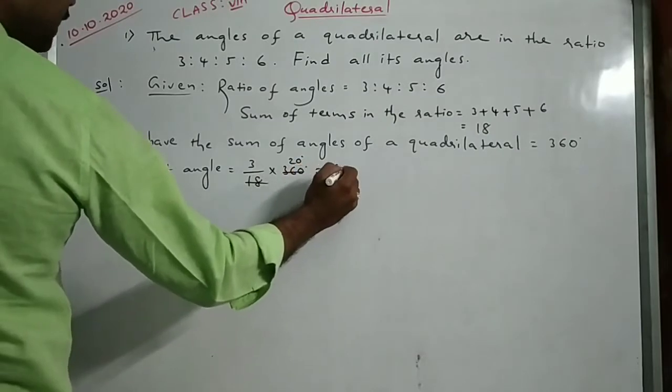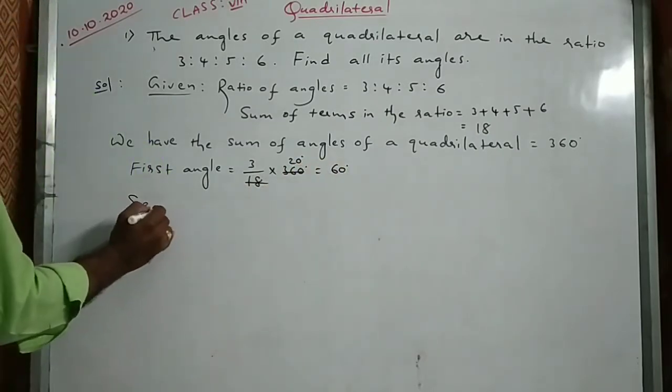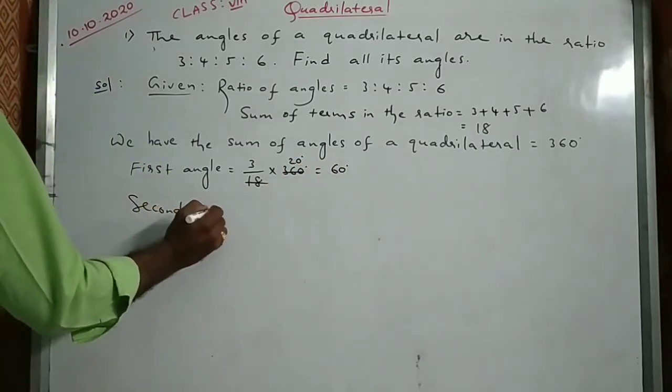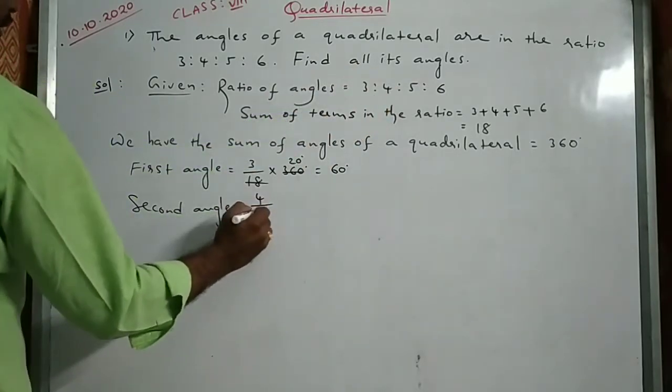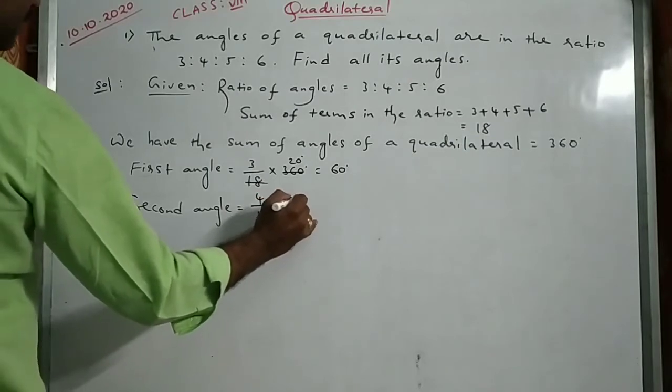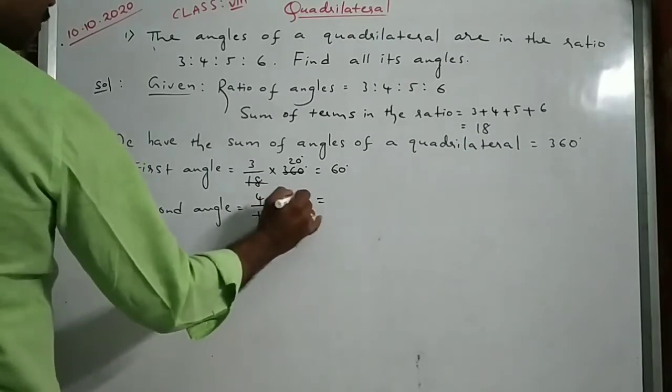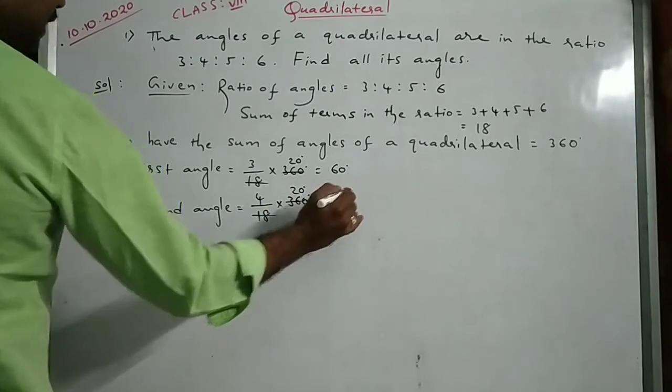18 twos are 36, so 3 twos are 6, that is 60. Second angle, you know this procedure. Second term here is 4 upon 18 into 360. 18 twos, 4 twos are 8, that is 80.